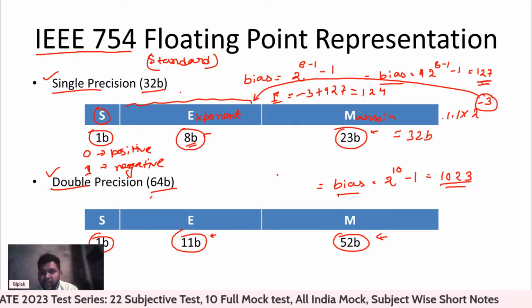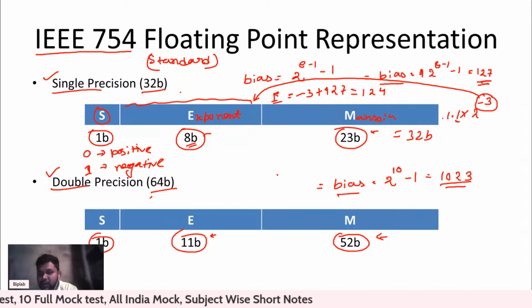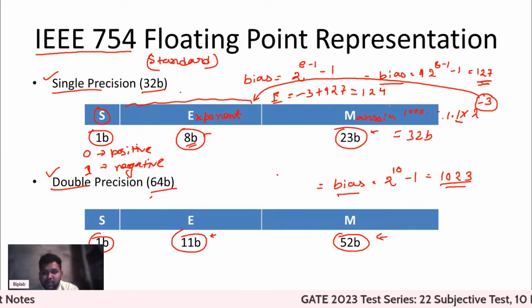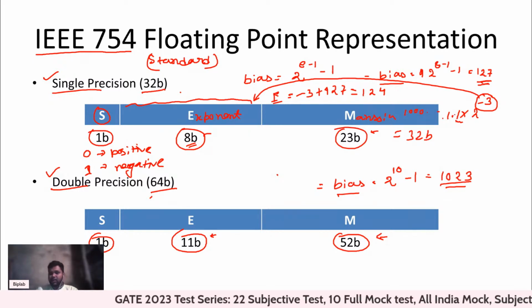And the mantissa is the same. After the leading one, if the point is here, then all the digits coming after it will be stored in the mantissa. So the exponent will store 124 and the mantissa will store the digits after the point.